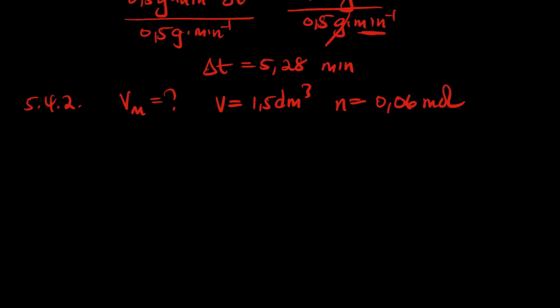So what are we going to do? We're going to use the formula n equals V over Vm, and then we substitute the number of moles. So we're looking for the molar gas volume there. So the Vm is what? It's 1.5.